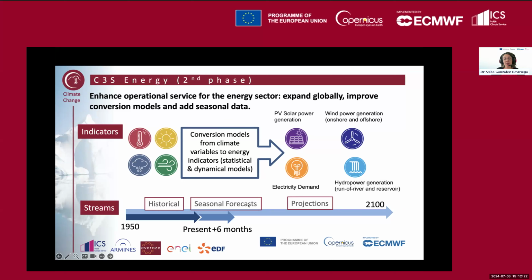Then we would also like to provide information for the seasonal forecast, which means information retrospectively for the last years, but also for the future 6 months. And then we also have climate change projections, from the present to 2100.